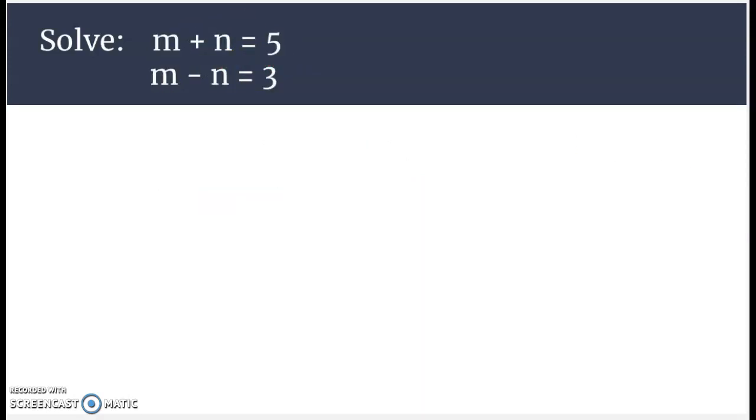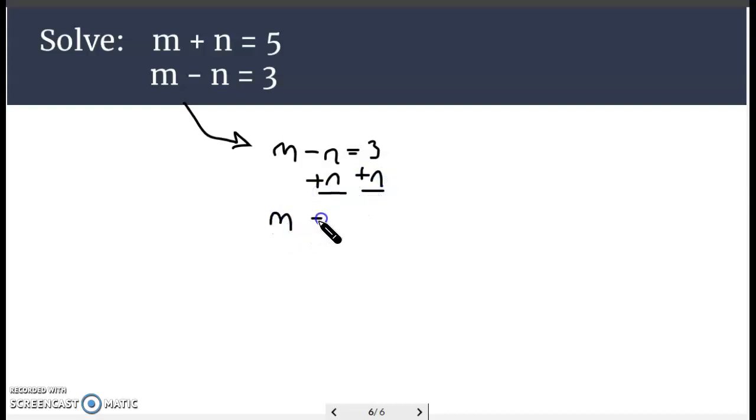Let's try one more, and notice we have different variables, m and n. I'm going to solve the second equation for m. So let me rewrite that here. m minus n equals 3. Let me add n to both sides. m is equal to 3 plus n.